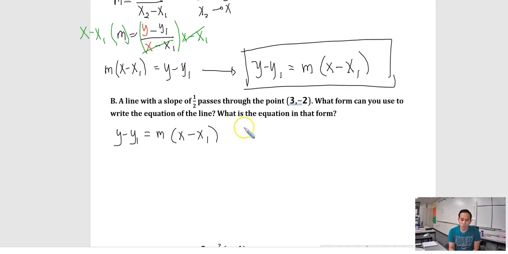So you just plug in. Your y1 is -2 and x1 is 3.